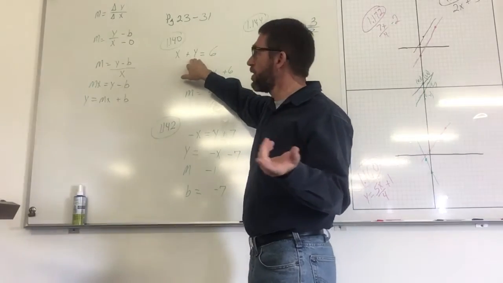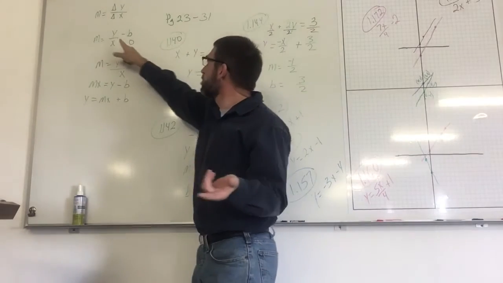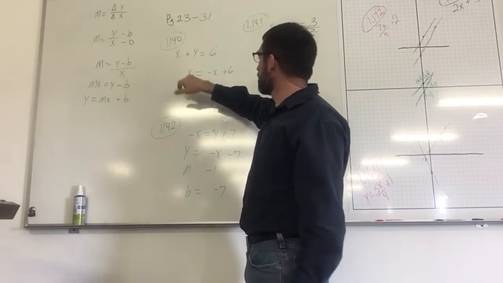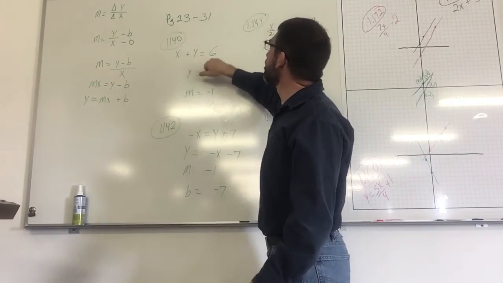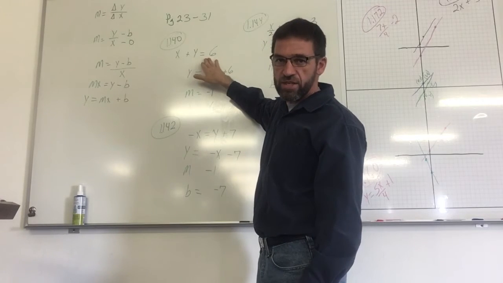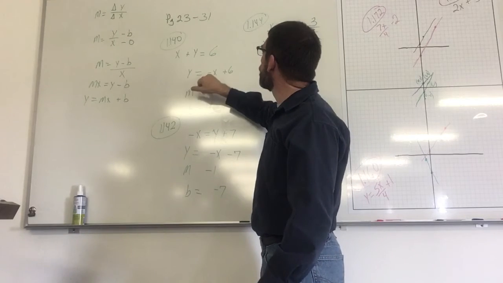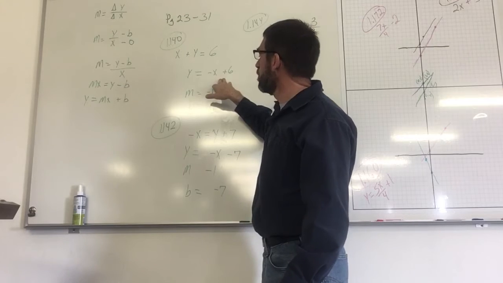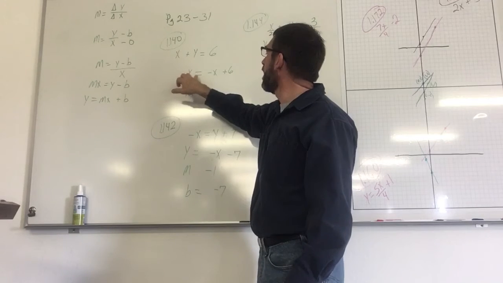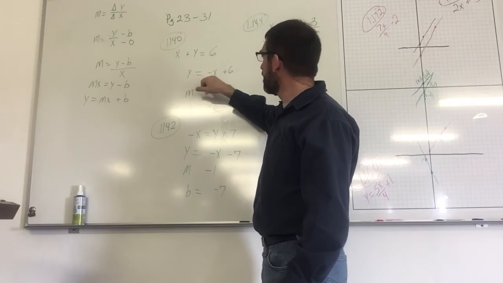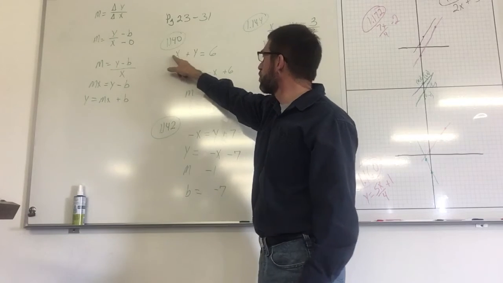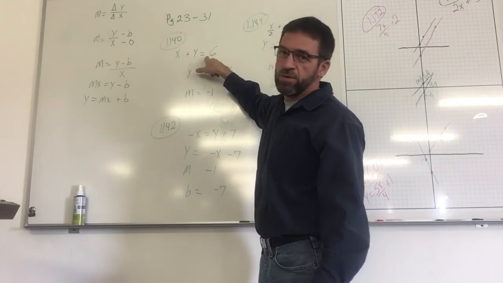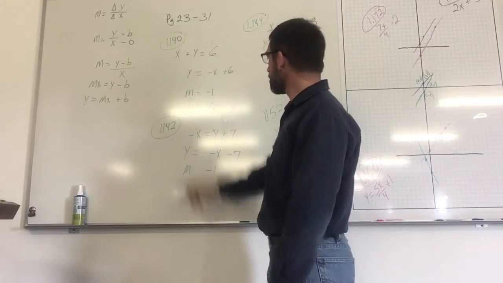Well, it's very easy. You just simply move the x to the other side of the equation. So you bring the x over here, you have negative x plus 6. So this should be your first answer. y equals, in the book, negative x plus 6. You see, when you brought it across the equal sign, it became a negative.